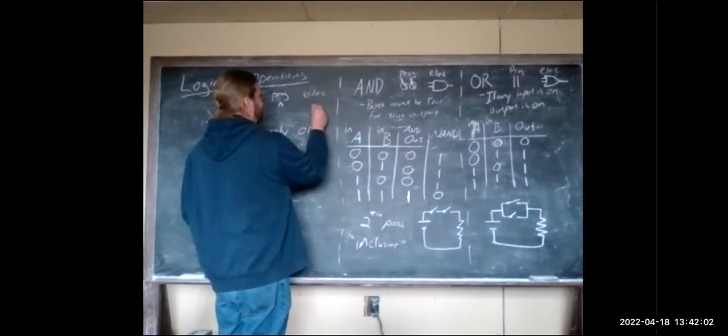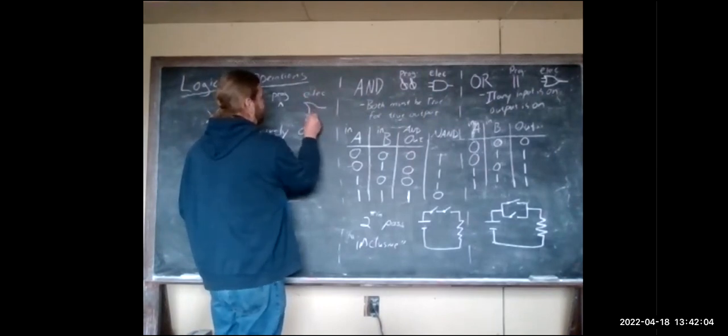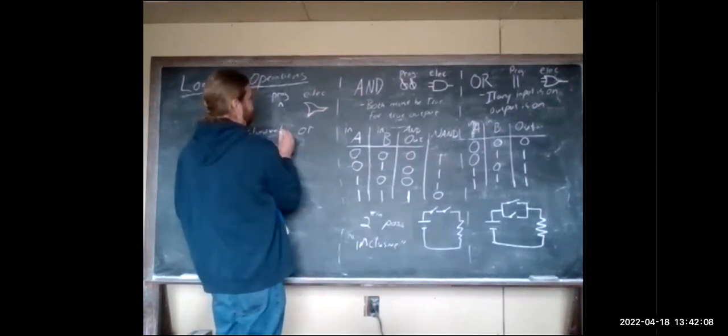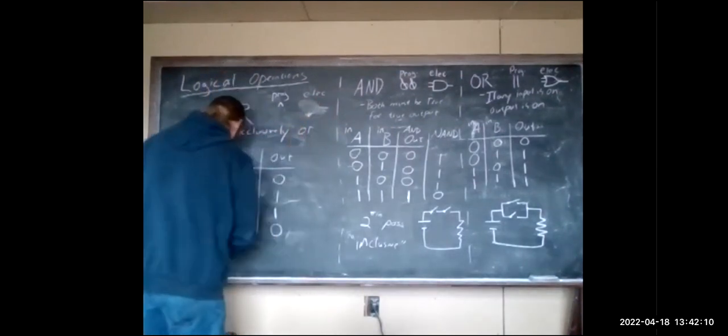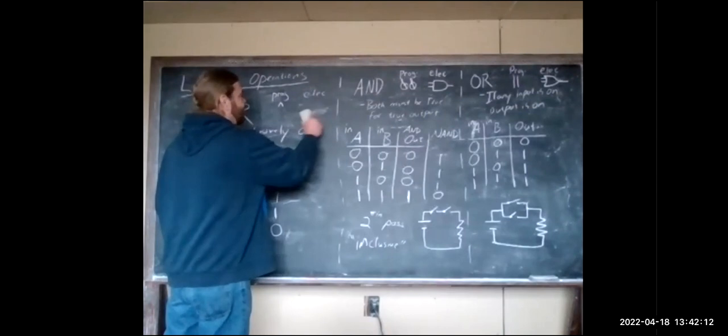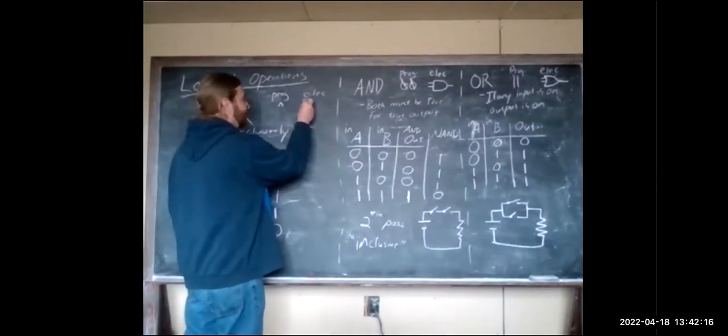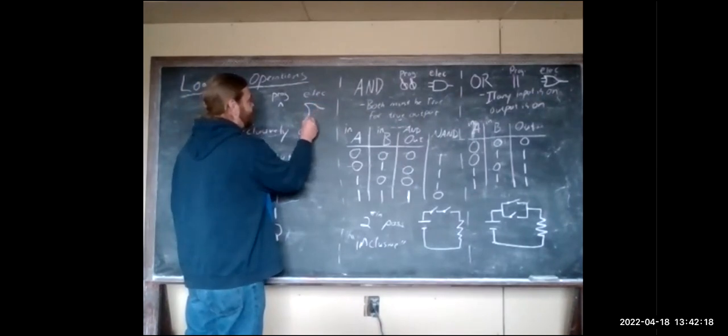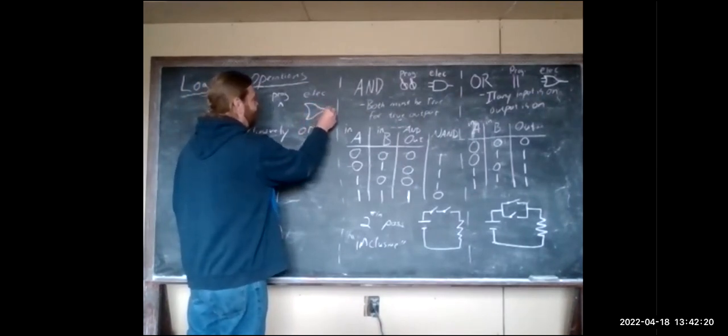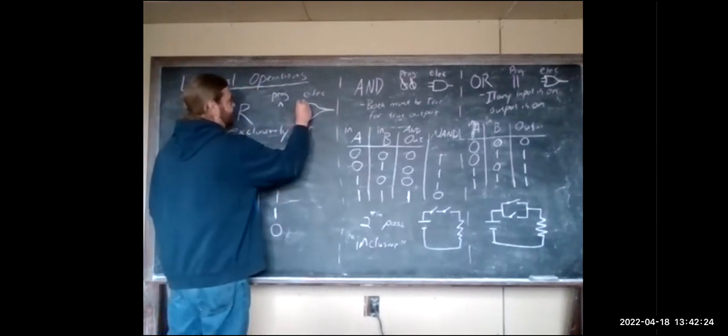Electrically, our symbol looks like an OR gate. I always have trouble drawing the XOR, but when I'm sketching them out, it's usually obvious what it is.